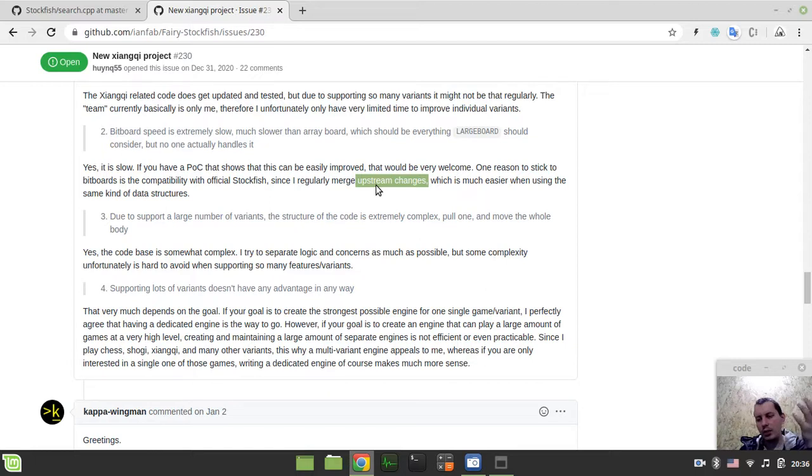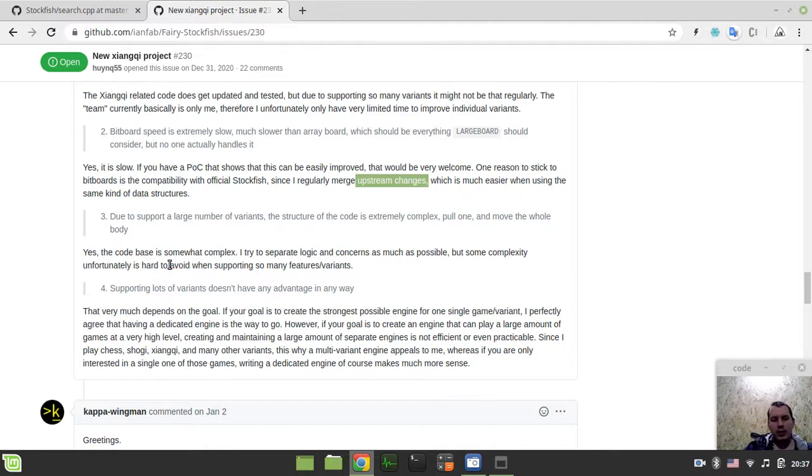So the matter of updating and synchronizing with the official Stockfish in the case of an array-based board representation would be an incredible pain. So that's one of the things I really should keep in mind when actually taking a decision on what in particular I am supposed to be doing and why. Okay, so the next thing: due to supporting a large number of variants, the structure of code is complex, but we want the whole body.